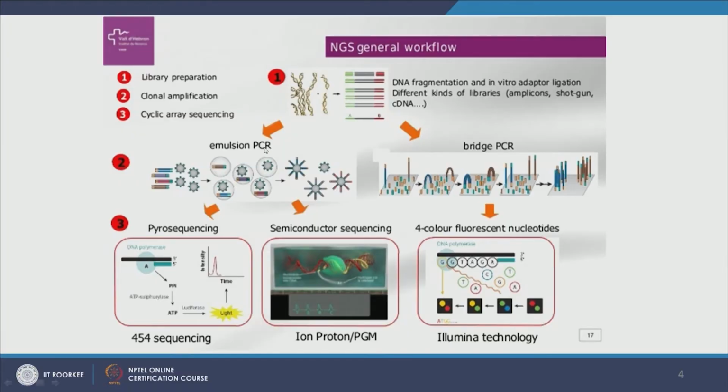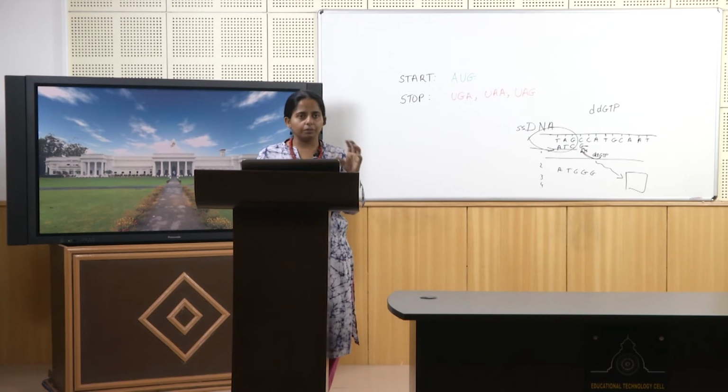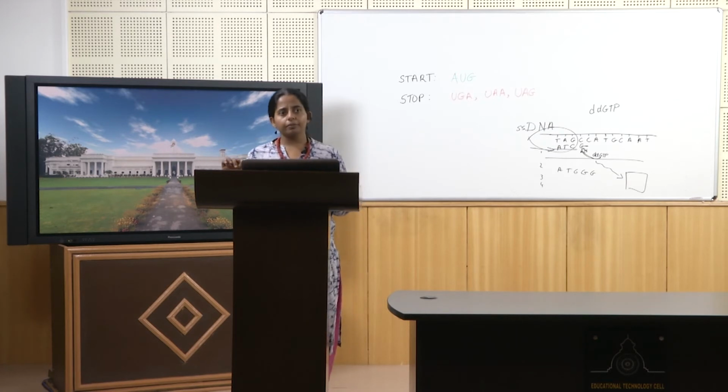We can either do it in clones, or we can do immersion PCR and bridge PCR. They are usually faster than clonal amplification, because clones take time to grow and you have to pick so many colonies. Immersion PCR is like a general PCR, but instead of having a single well where the PCR reaction takes place, we create micro oil emulsions. So these are micro emulsions of oil, and each of these emulsions carries all the essential ingredients for PCR.